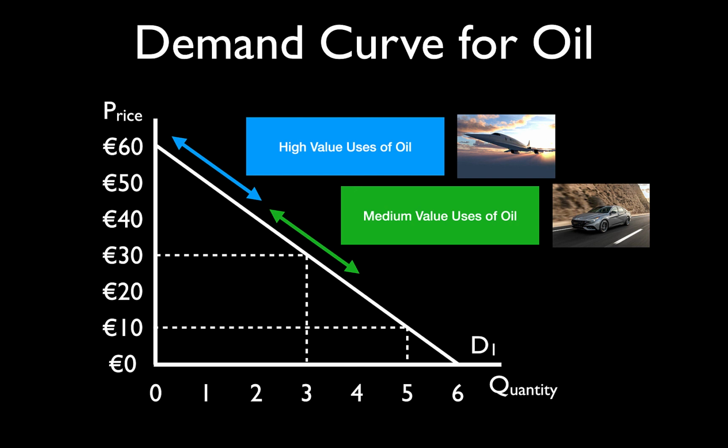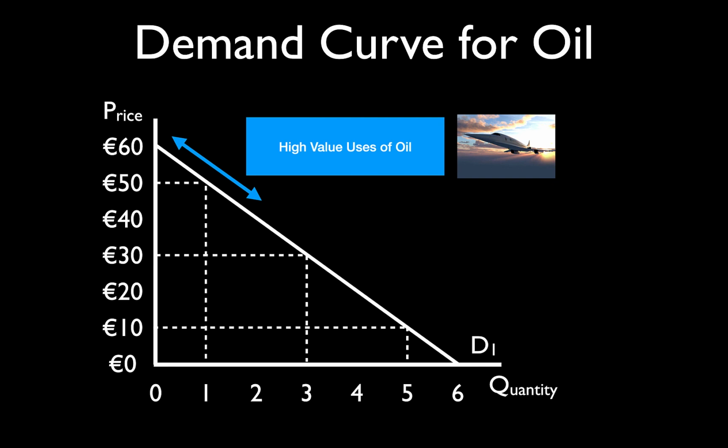I don't know. So the idea is that the demand curve for this factor of production will go to the high and medium value uses of oil. And if the price rises again, only the high value uses of oil will occur. Now, I hope that doesn't confuse you. All I'm saying is the demand curve represents the marginal benefit. Why?